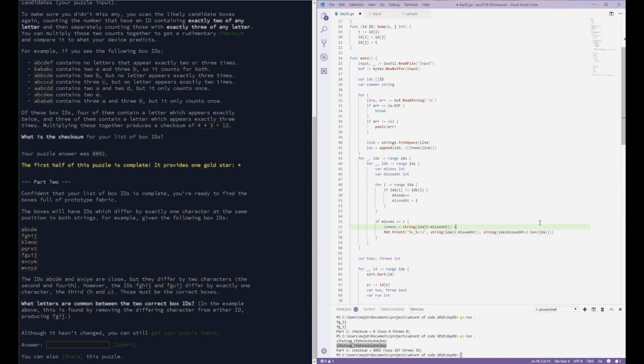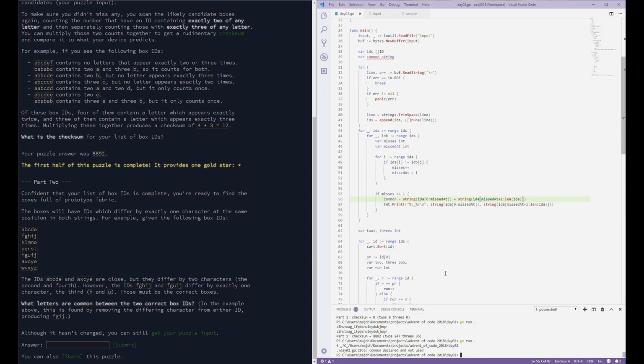Can you do this to append strings? I don't remember. I don't think so. Let's just try and see what it says about that.